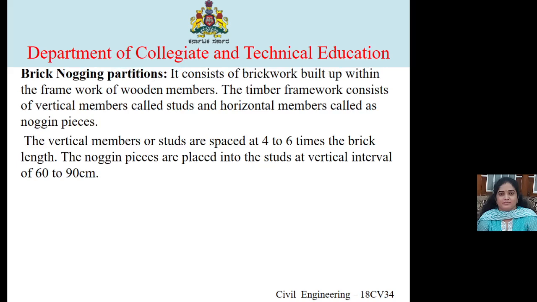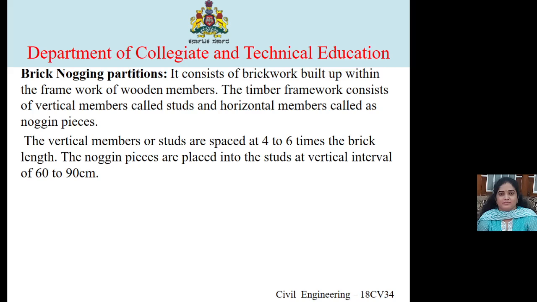Brick nogging partitions. It consists of brickwork built up within the framework of wooden members. The timber framework consists of vertical members called studs and horizontal members called nogging pieces. So it has a frame made from wood, both vertical and horizontal.